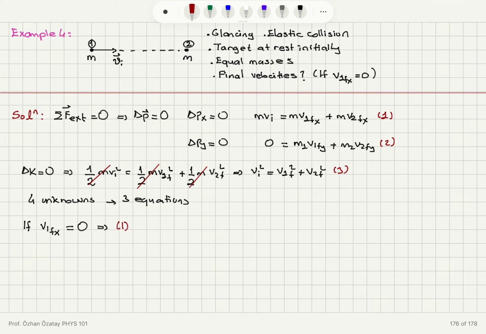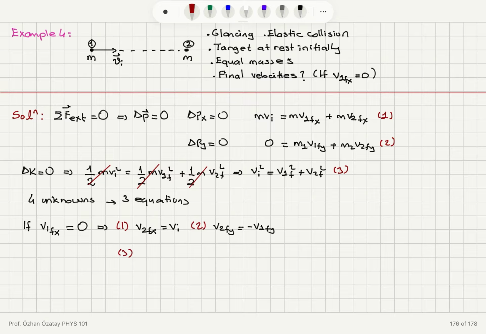The first equation will tell me that V2 final x is equal to V initial. The second equation will tell me that V2 final y will be equal to minus V1 final y.